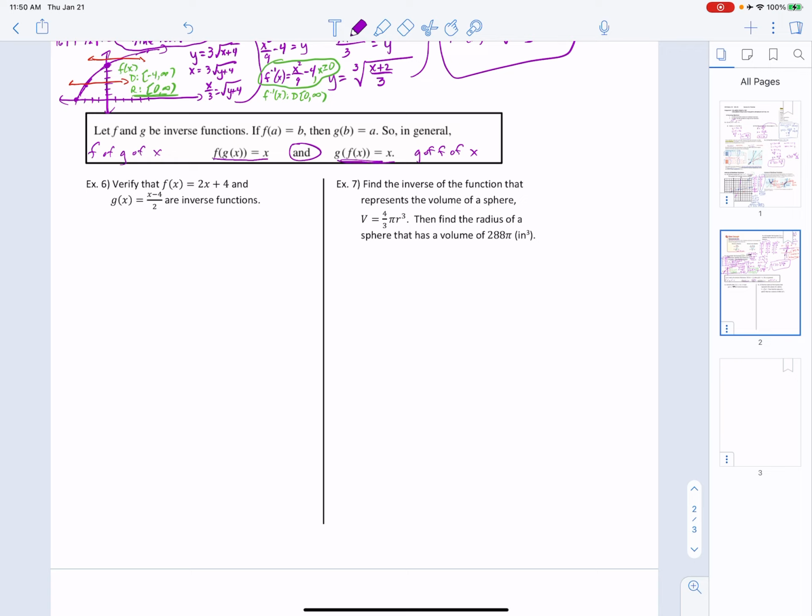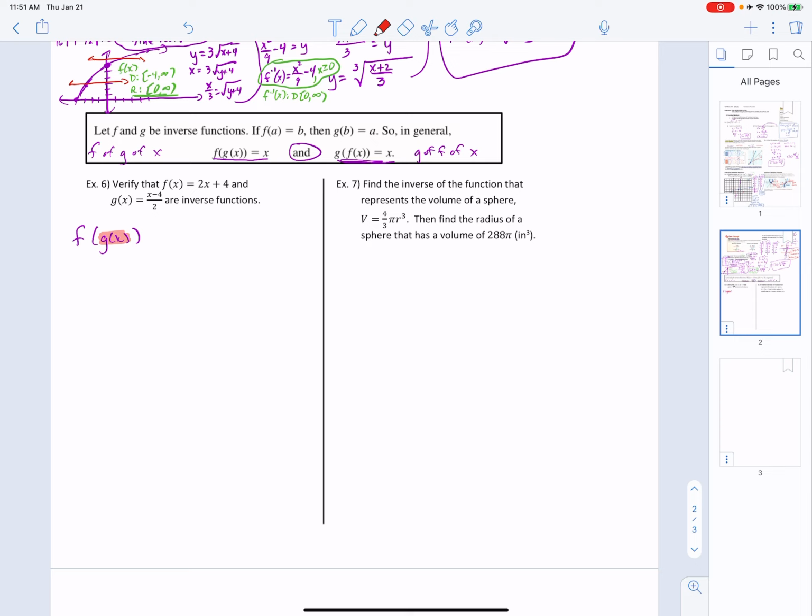So what that means, we're going to start with this f of g of x. And we want to show that this comes out to be x. And what I have to do is put g of x in for x into function f. I want to put g of x every place I see an x in the function f.